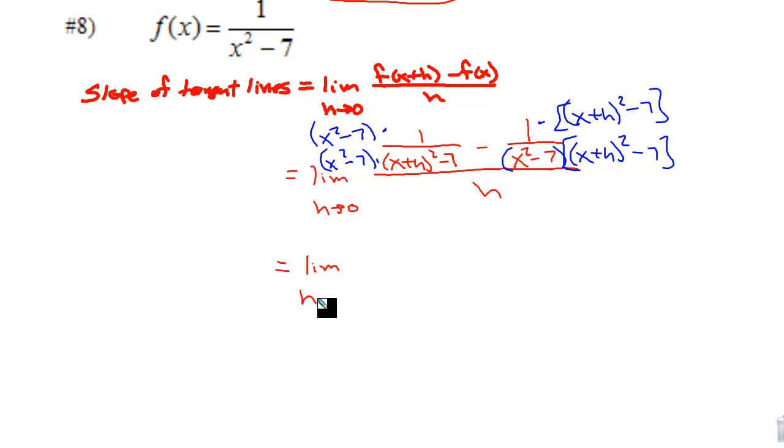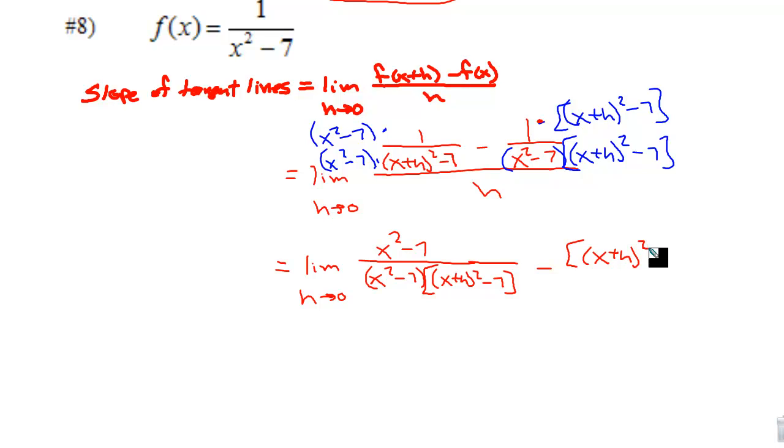That gives us the limit as h approaches 0 of x squared minus 7 over x squared minus 7 times x plus h quantity squared minus 7. I'm having brackets here because I have parentheses inside of it. Subtract from that x plus h squared minus 7 over the same denominator that we just got.